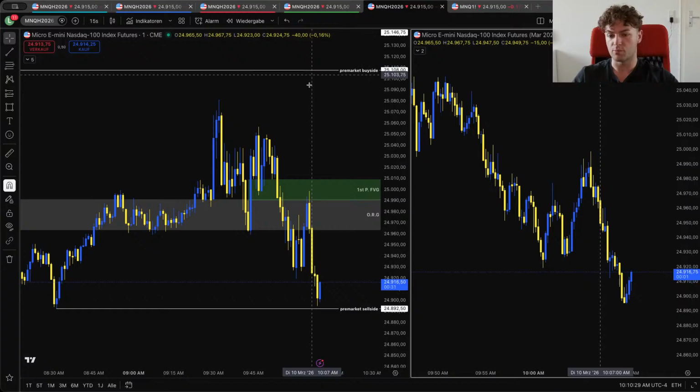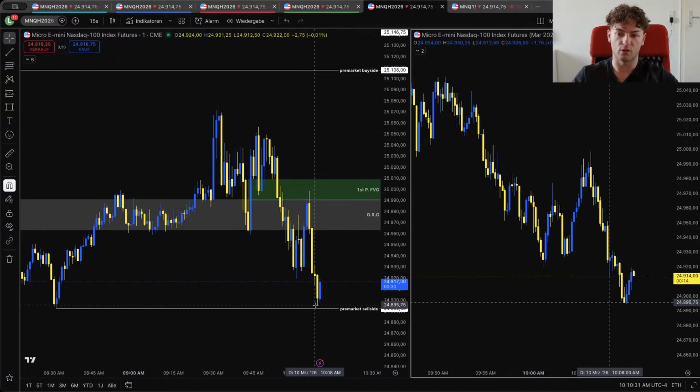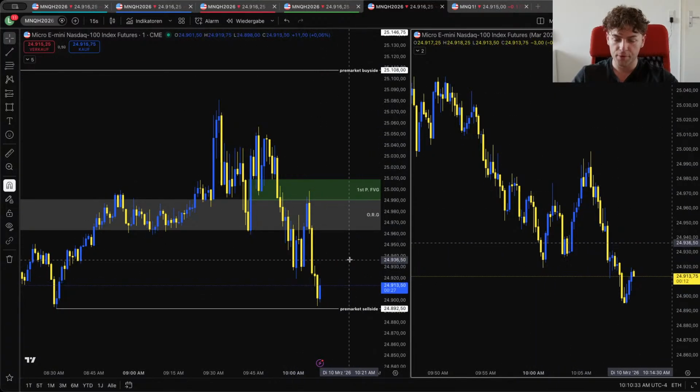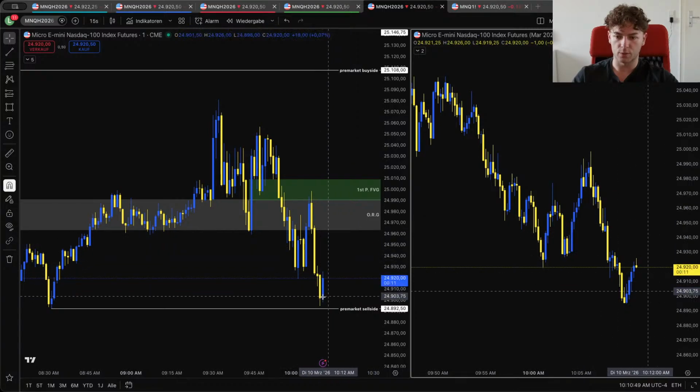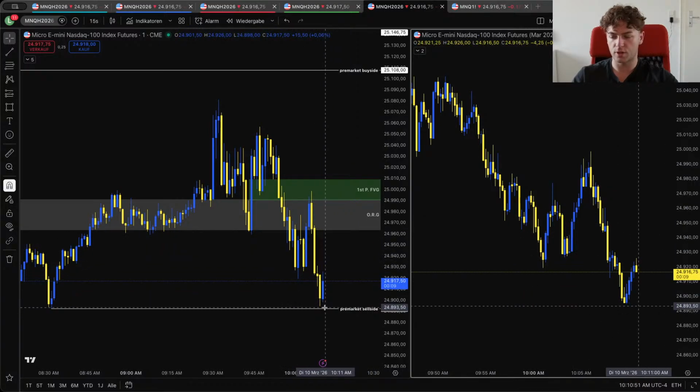So we want to see a pre-market sell side get taken out first, obviously. But I think I'm on the right side if I wait for one liquidity pool to get taken out first, which ICT also teaches.